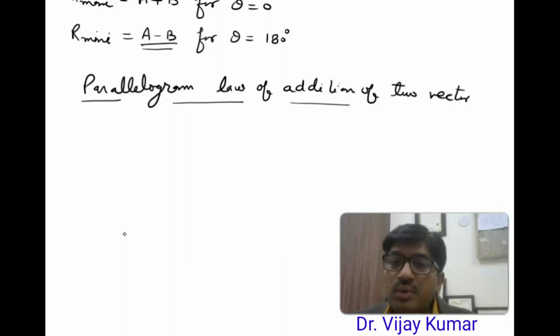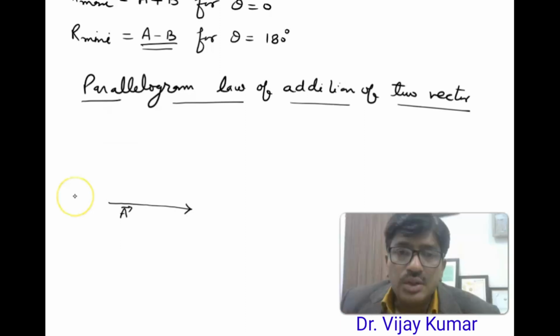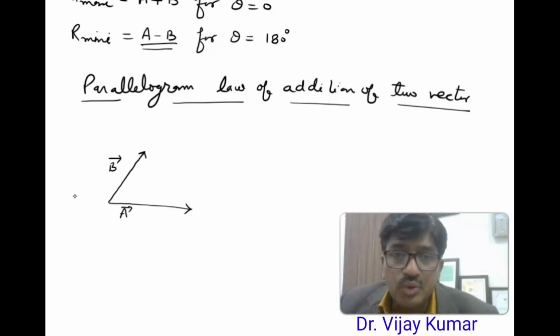Suppose this is one vector A, this is vector B, and suppose we draw a line parallel to A vector and a line parallel to B vector. Now it becomes a parallelogram, and the diagonal of this parallelogram represents the resultant vector, R equal to A plus B.